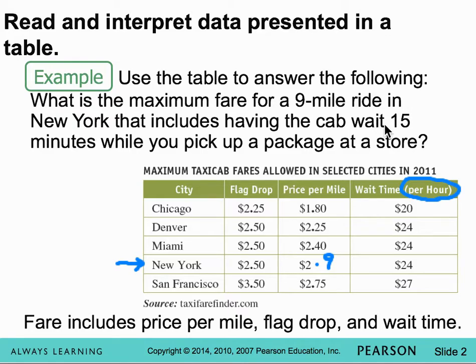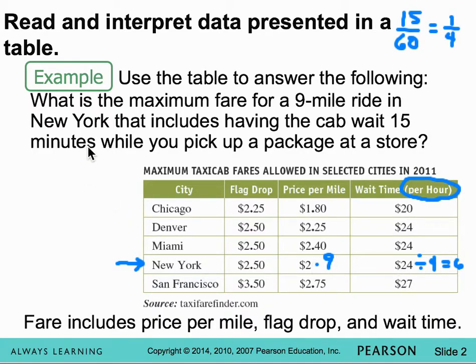So I got to figure out, wait, 15 minutes is how much of an hour? How many minutes are in an hour? 60. So that's 15/60ths of an hour. 15/60ths will reduce to 1/4. So he had to wait for 1/4 of an hour. If it's $24 an hour, we want to divide that by 4 to get 6.